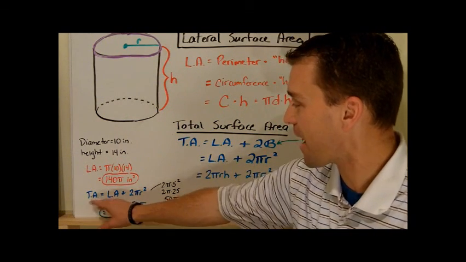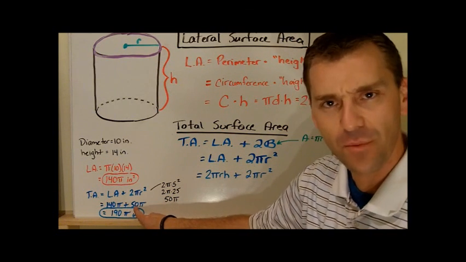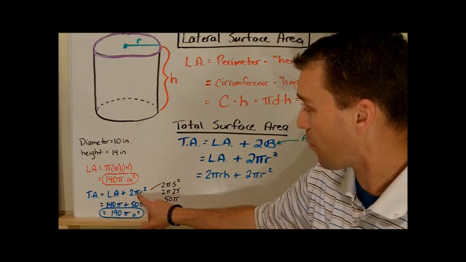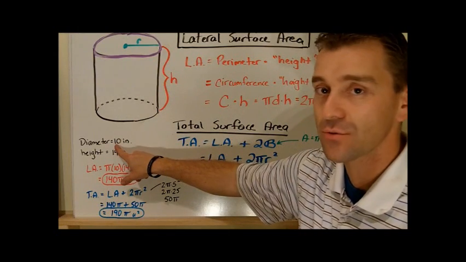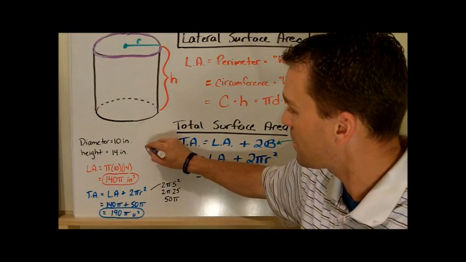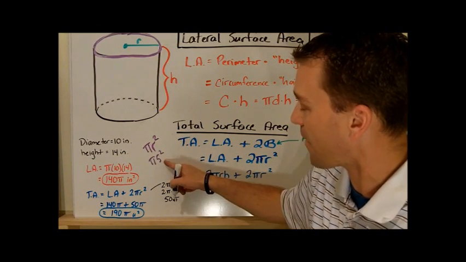So for the total surface area now, I take 140 pi, and I'm going to add that to 50 pi. Where did the 50 pi come from? That is the area of the two bases. Because when I find the area of one base, pi r squared, I take 5, which is the radius, and I square that, because that is my circle formula for area. So pi times 5 squared is 25 pi.